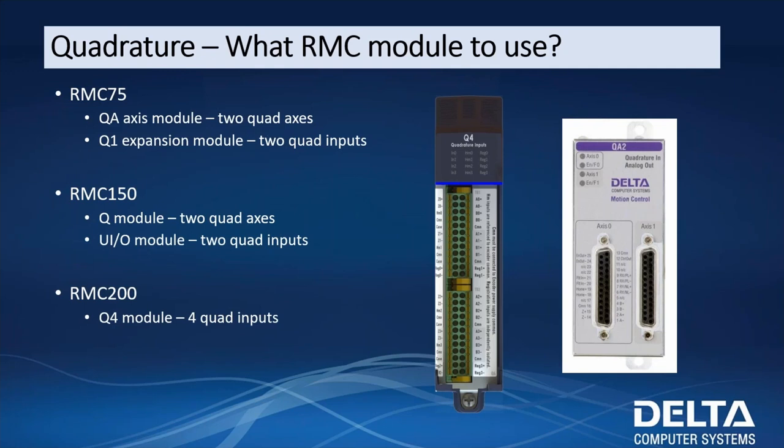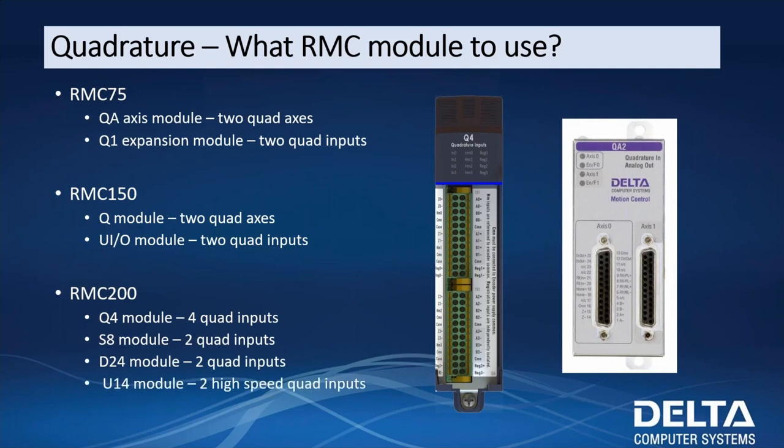For the RMC 200, you've got the Q4 module, which is 4 Quadrature inputs, the S8 module with 2 quad inputs, the D24, which is 2, and the U14, which is also 2. So you've got lots of options with each of the controllers.